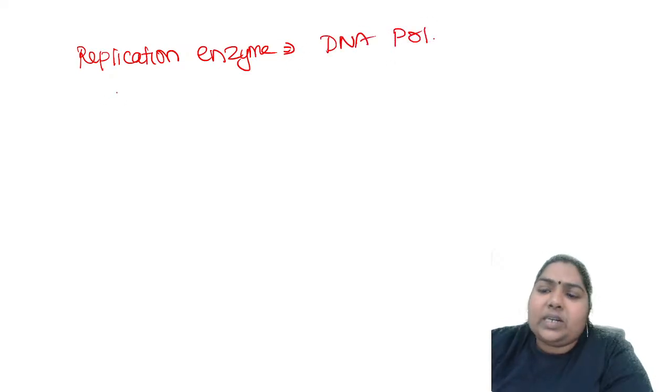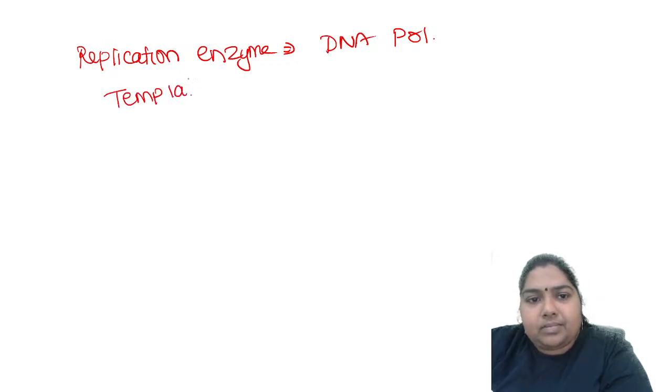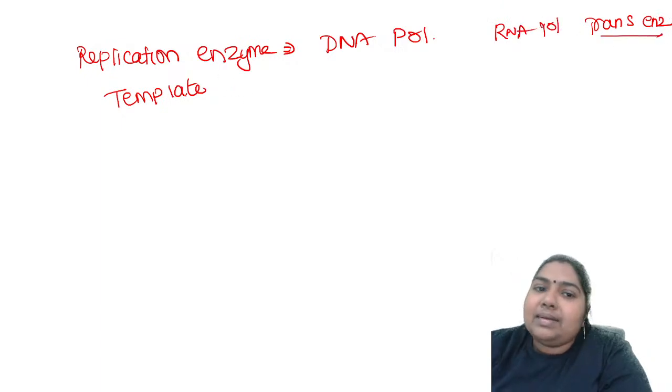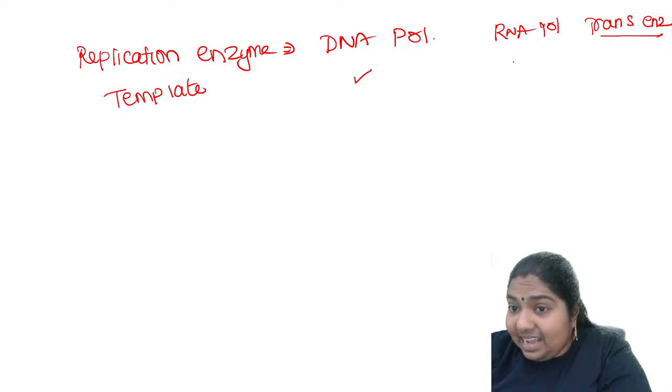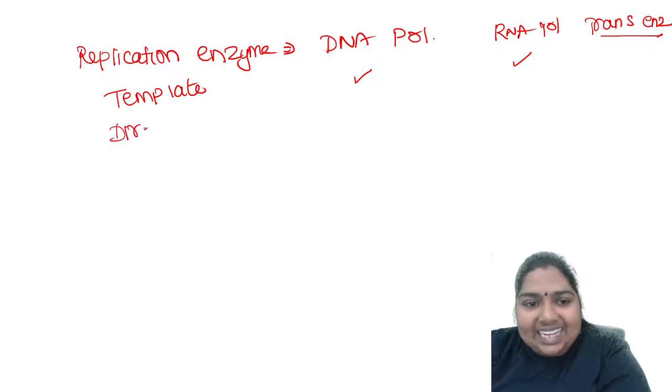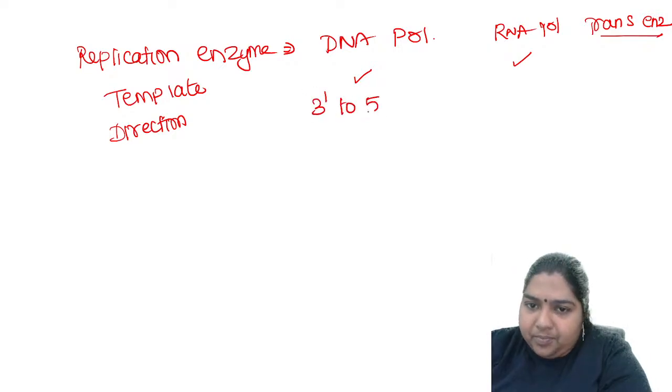Does it require a template? Yes. And this is RNA polymerase, a transcription enzyme. This also requires a template. What should be the direction of the template? Here it is going to be 3' to 5'.